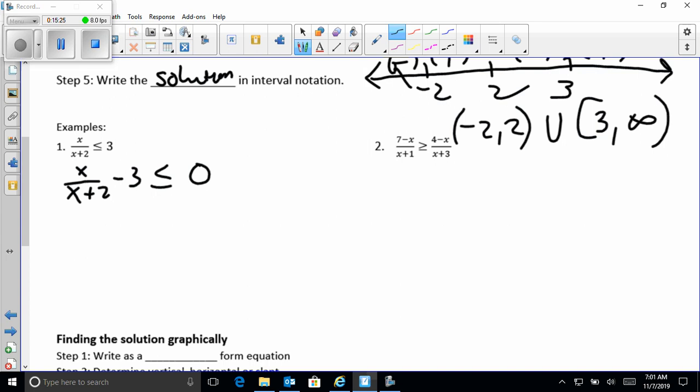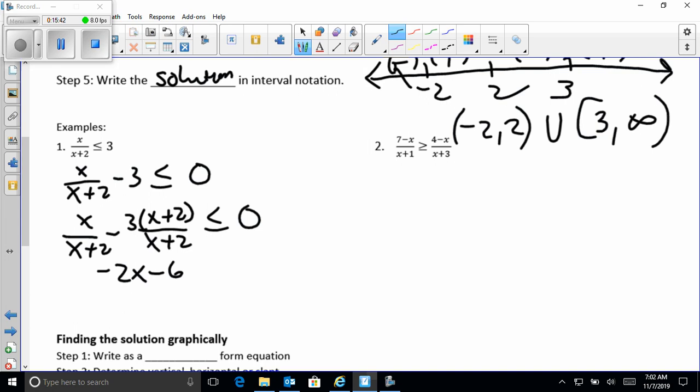Then we have to simplify that. Clean it up a little bit. We have a -2x minus 6 over x plus 2, and we'll get equal to 0.